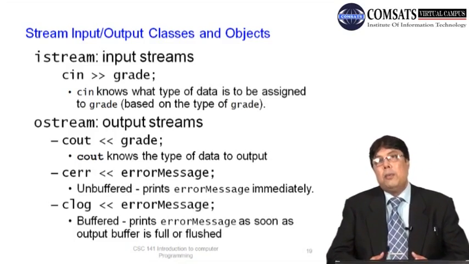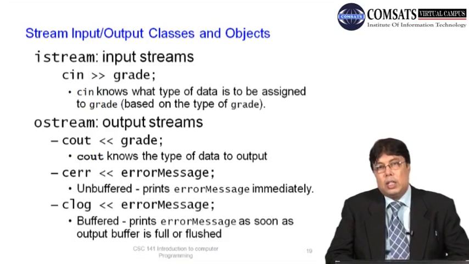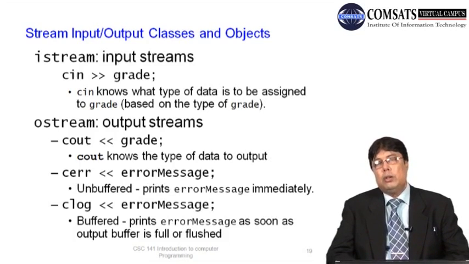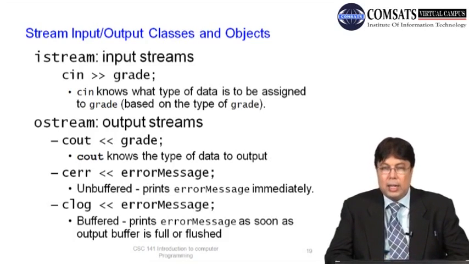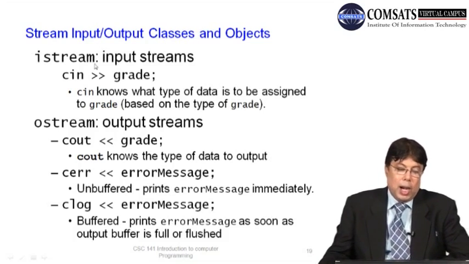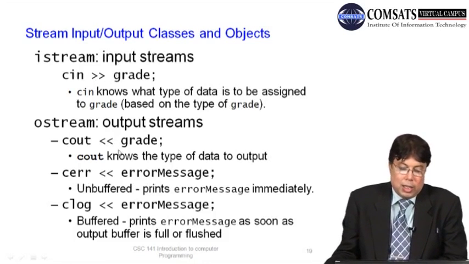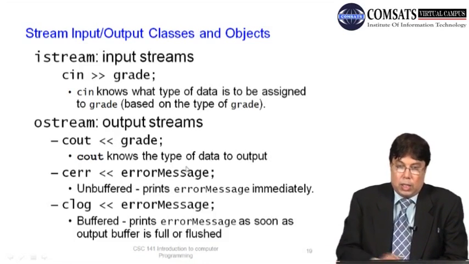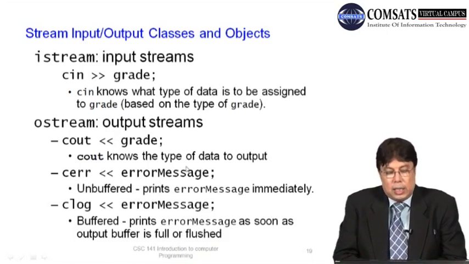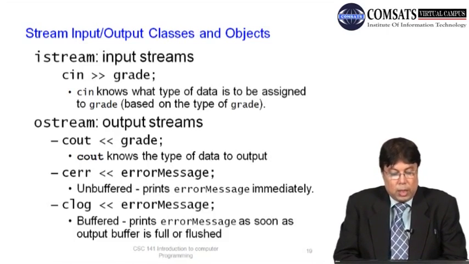But you defined it before the start of execution. So you provide the prototype definition first, and that definition informs the objects cin and cout about the type of the data.